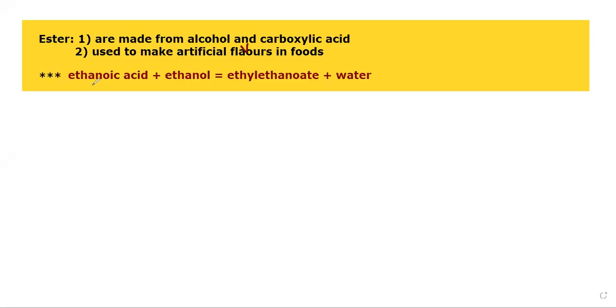So first of all, what we have is ethanoic acid. So let us write ethanoic acid. 2C, and the hydrogens. Then we have COOH, that is its functional group.